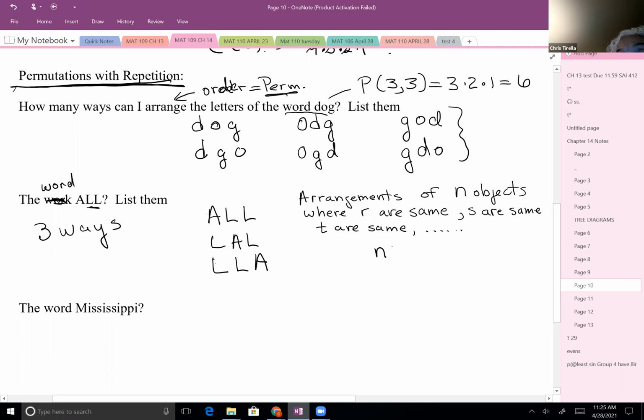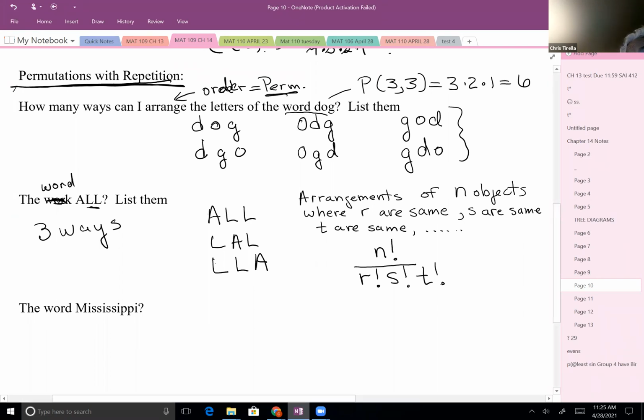I'll have n factorial over R factorial, S factorial, T factorial. Let me give you a minute to write that out, and then let's apply it to our word all, and then apply it to that next word, Mississippi.